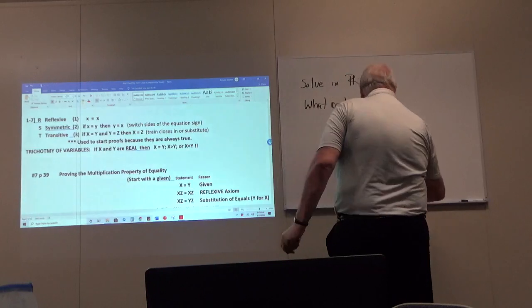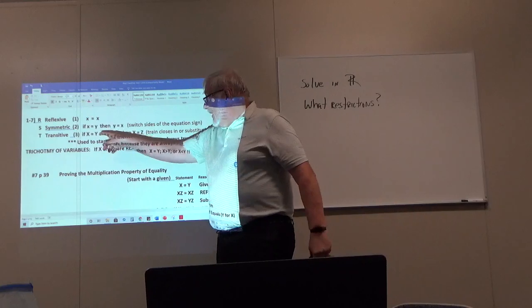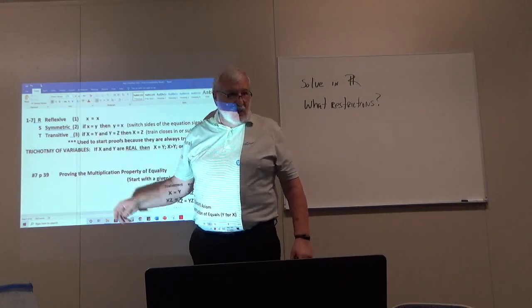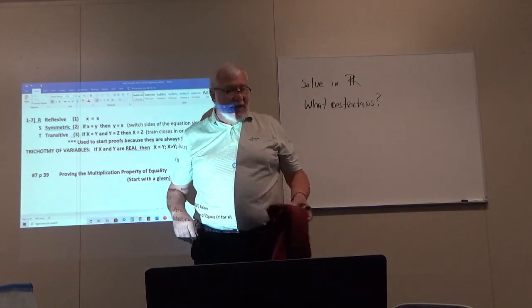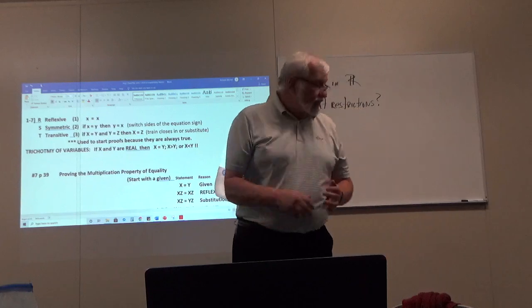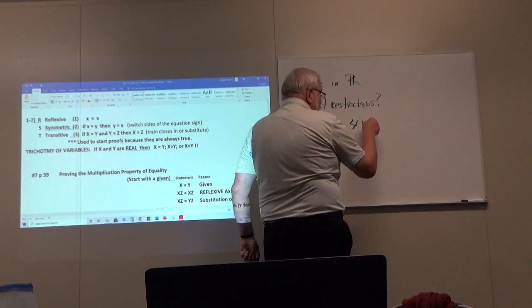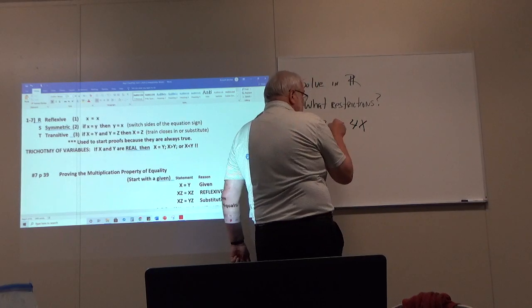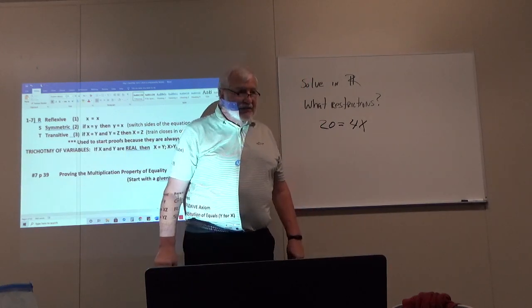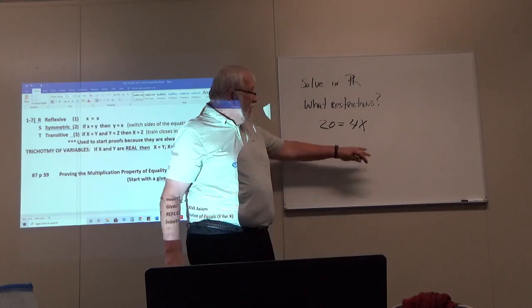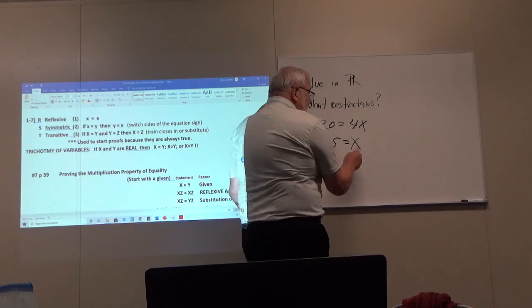So the reflexive property is one that's used in proofs a lot. The symmetric property: if the x is not on the side you want it, you can switch both members, the left member and the right member, around and get the x where we want it. If I said 20 equals 4x and I did the math correctly, what will the next line say? No, it'll say 5 equals x.